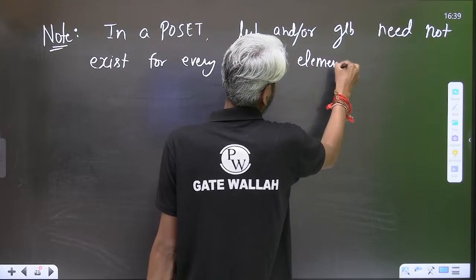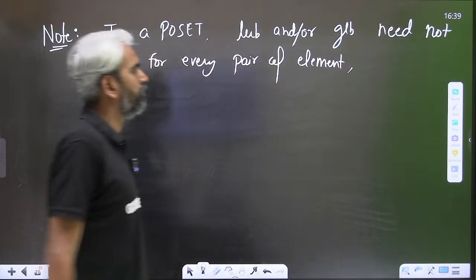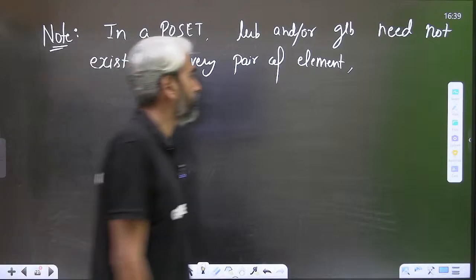It's not necessary that the least upper bound or greatest lower bound will exist for every pair of elements.